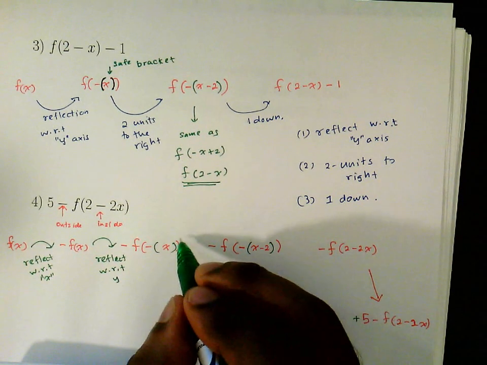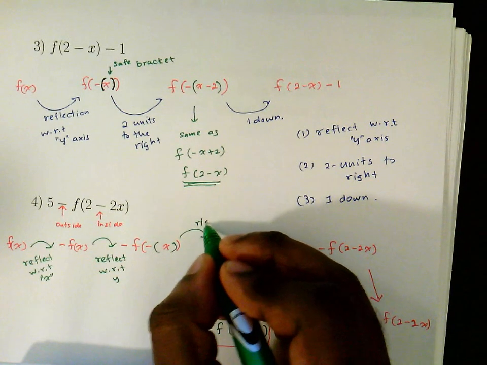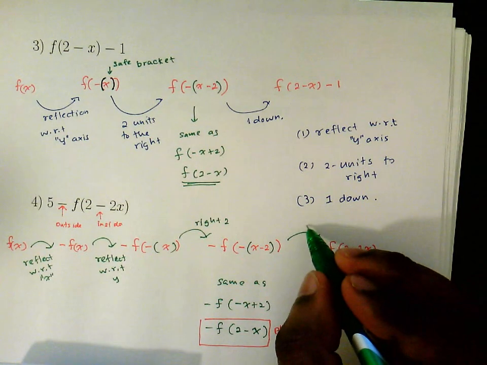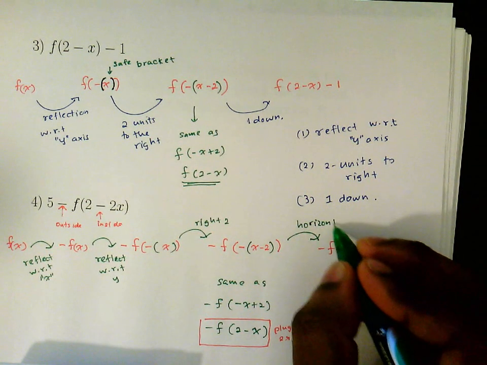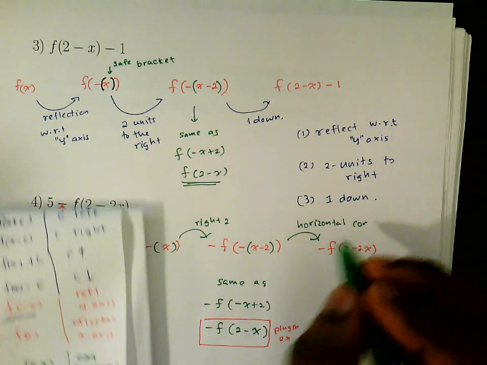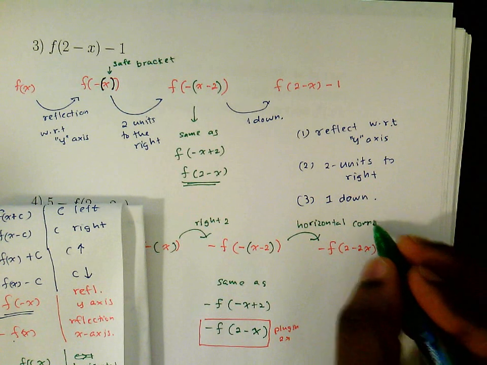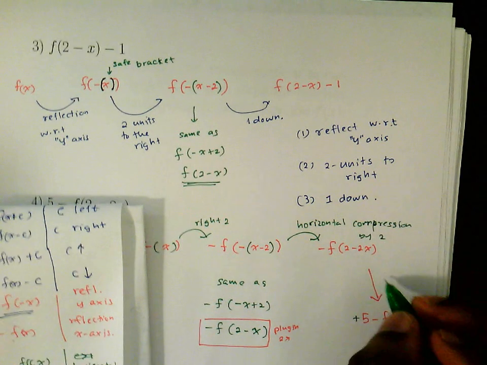Okay, and then you can see minus 2, that's right 2, and then you can see horizontal compression by 2, and then up 5.